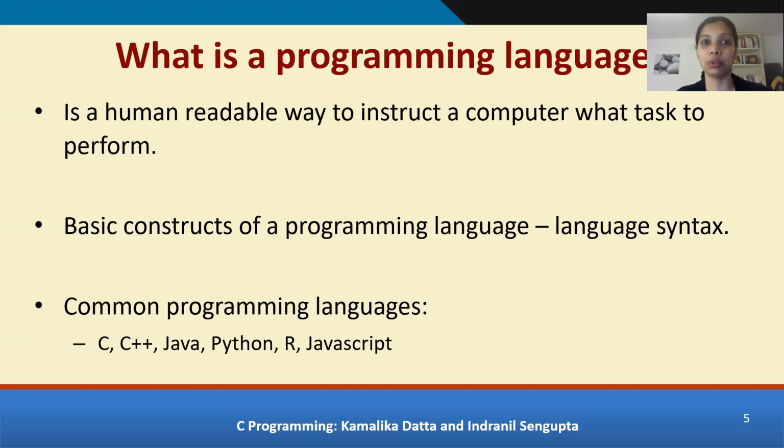We will be looking into these when we look at this programming language, which is C here, but for any programming language there are some basic constructs which must be followed. And some common programming languages are C, C++, Java, Python, R, JavaScript. There are many more, right? I just jotted down a few of them. I hope why we need a programming language and what a programming language is is clear to us. I'm not going into details of it.